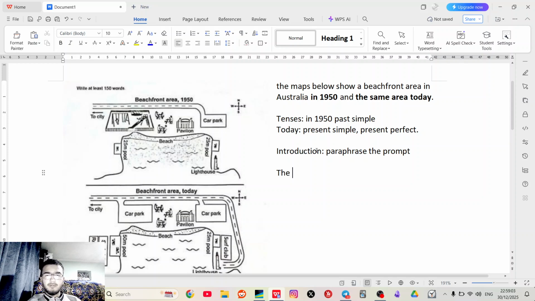For example, the maps below show a beachfront area in Australia in 1950 and the same area today.